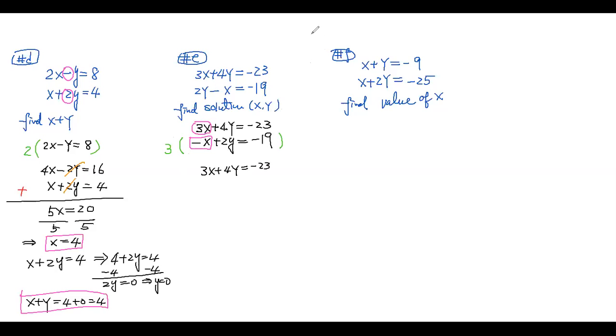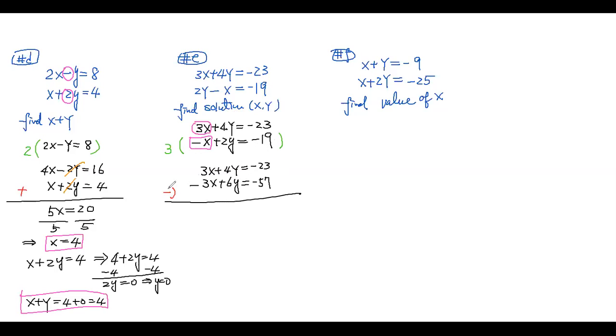Okay, so now let's take a look. If you multiply by 3 on both sides of the second equation, this is negative 3x plus how many y's here? 6 y's here, right? And what do I have, 3 times negative 19 is negative what? 57 here, right? Okay, so now you can add them.